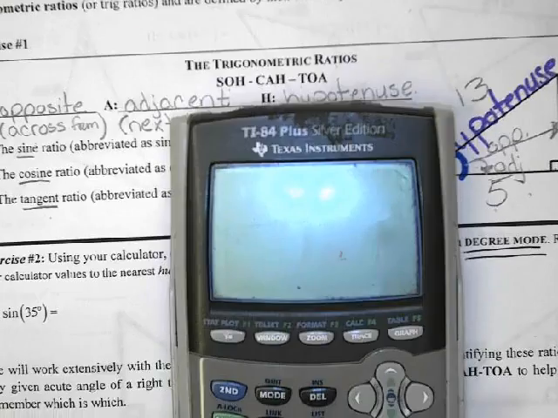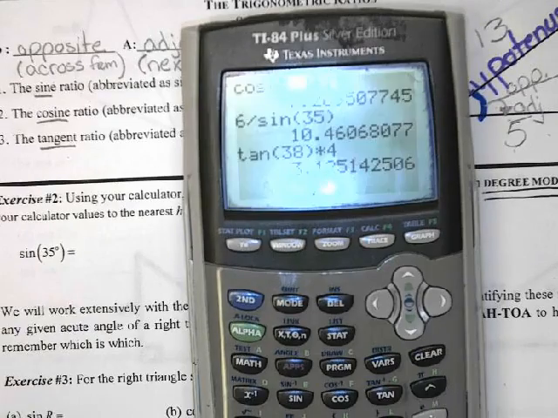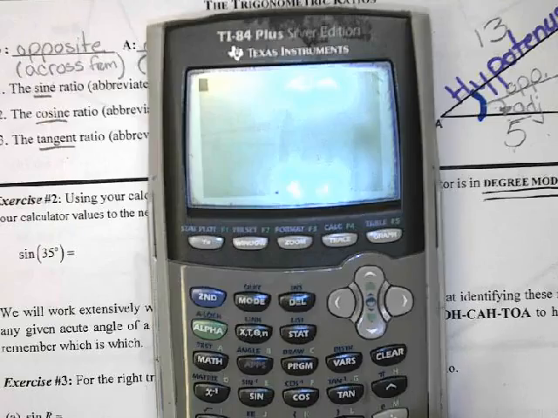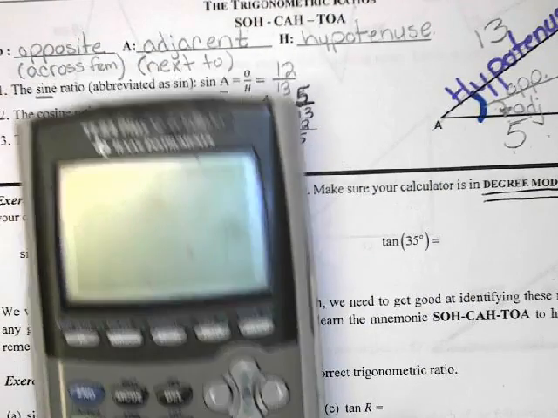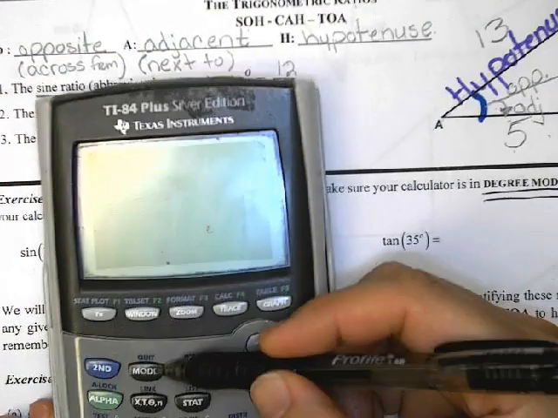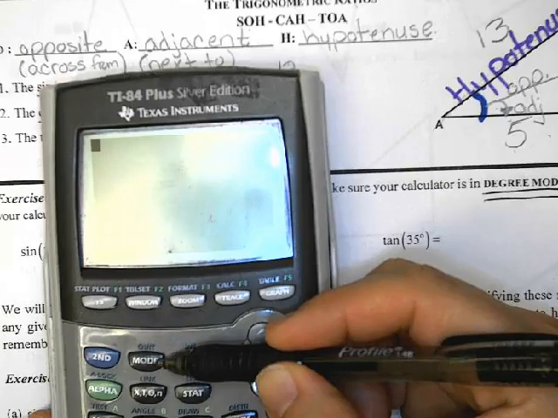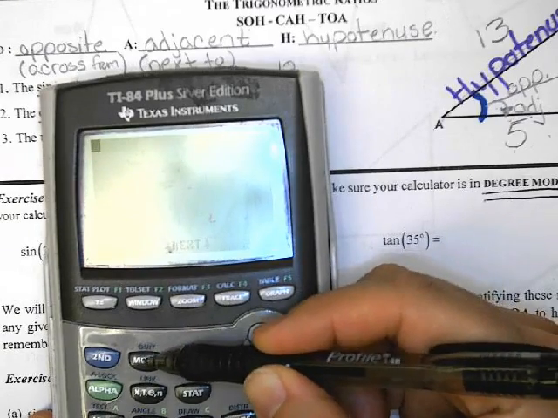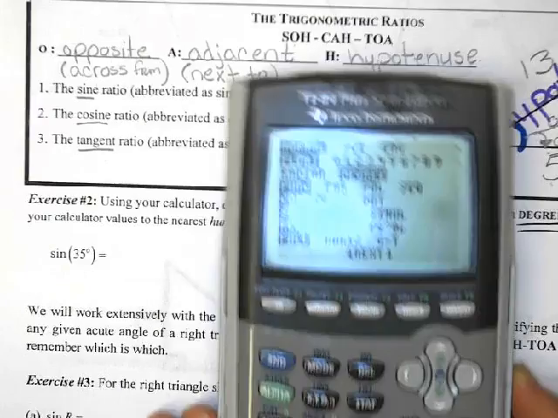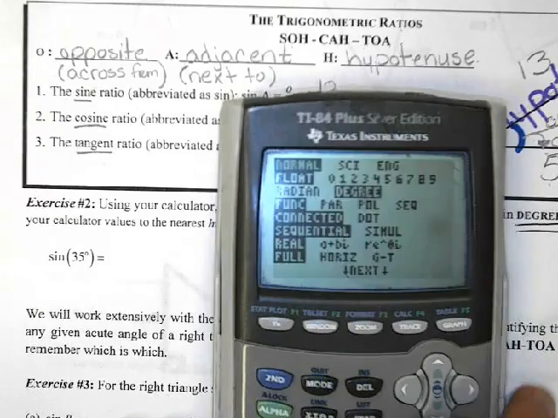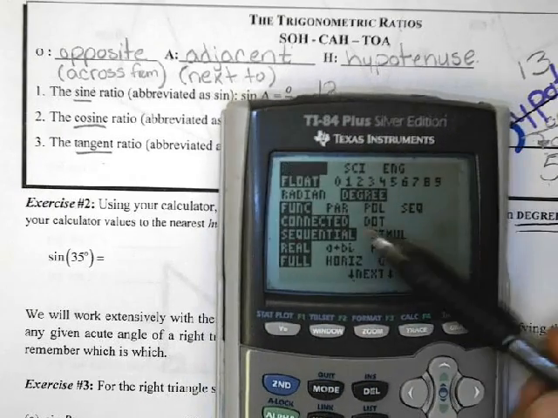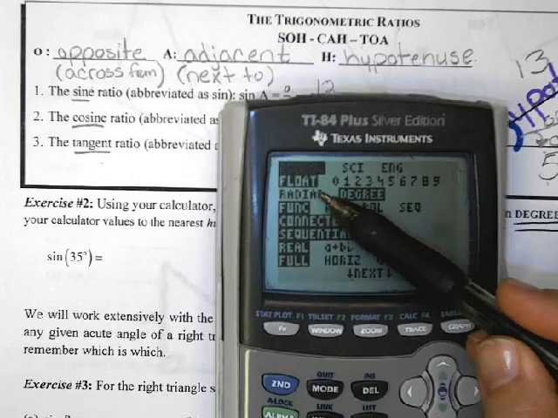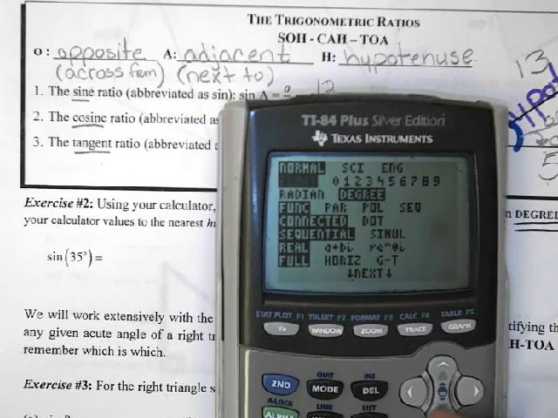Okay, so if you go to your calculator, turn it on. There's this button right down here that says mode. Touch mode, please. And make sure that light's not there. Some of you guys, it's highlighted on radian. You want to go down, go over to degree, and hit enter.